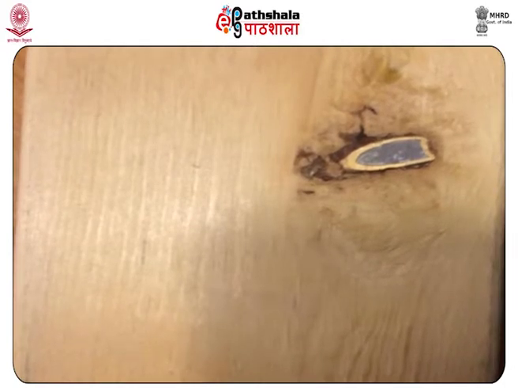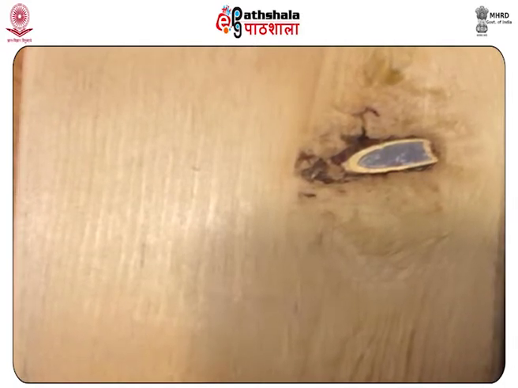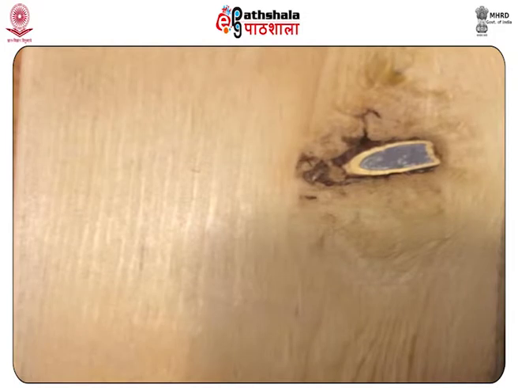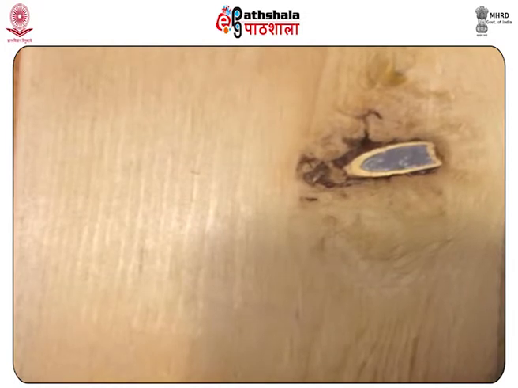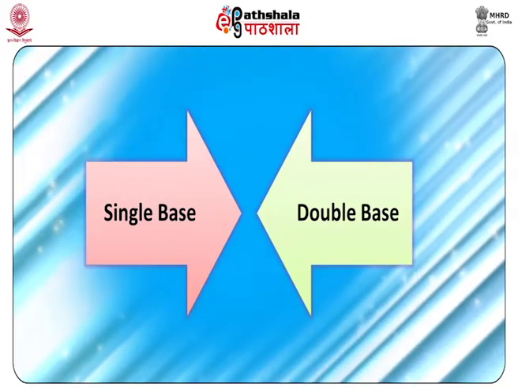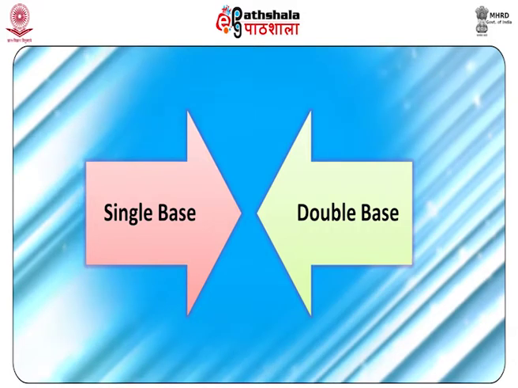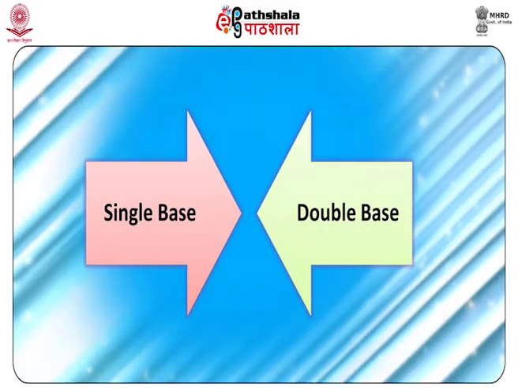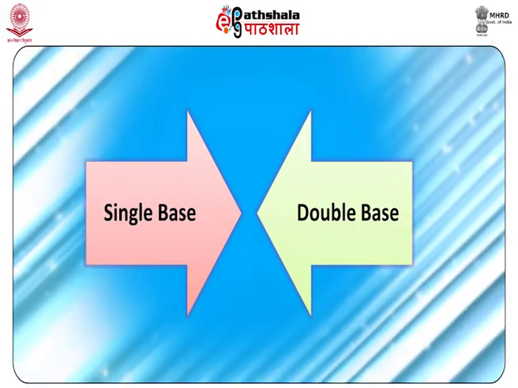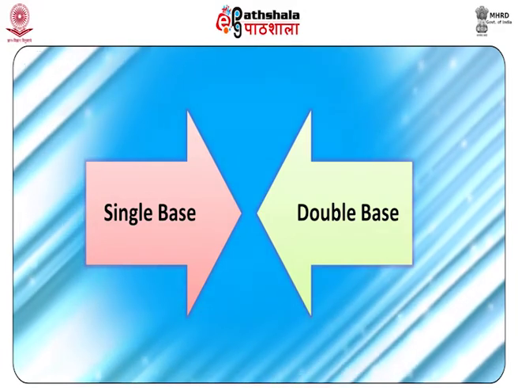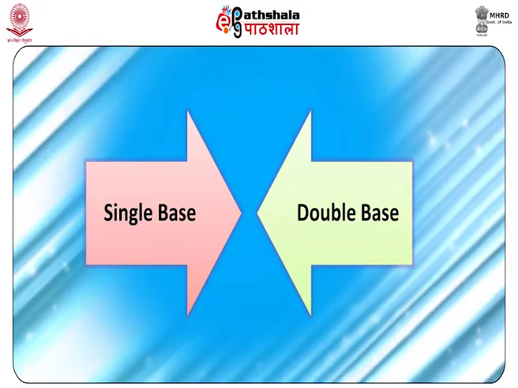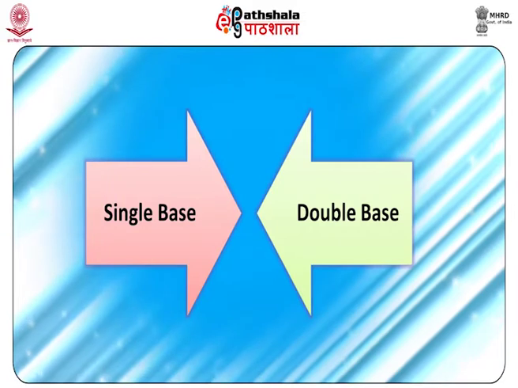Black powder is the oldest recorded propellant invented by Chinese around the 20th century. There are two varieties of smokeless powders, single base and double base. We have also come to know that the basic components of the smokeless powder are nitroglycerine and nitrocellulose.